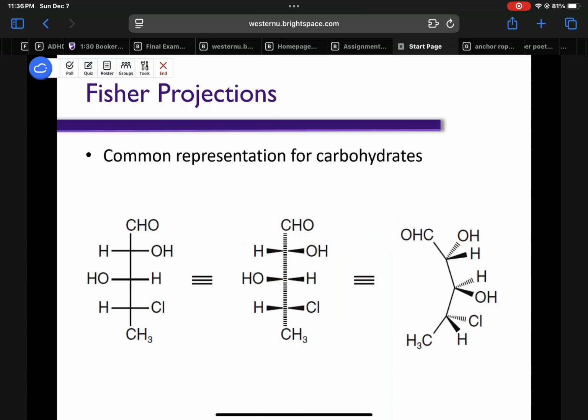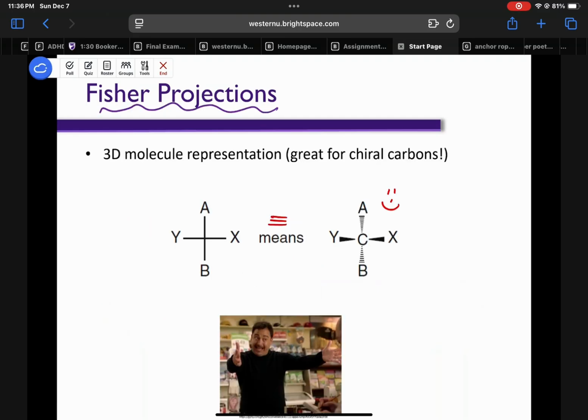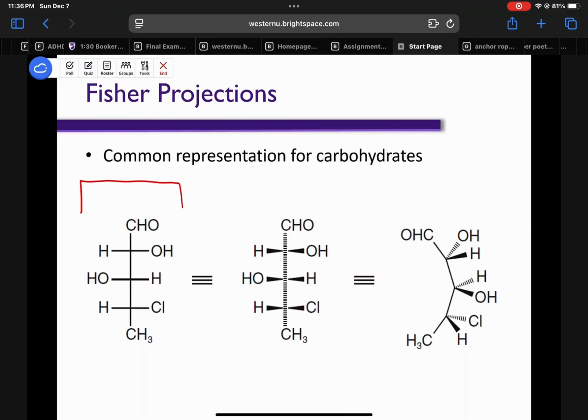This Fischer projection on the left here is a really common way to do sugars, which are our carbohydrates. And you're going to see these coming up. Here, we just had a small molecule with one stereocenter. That carbon atom here had 4 unique groups.